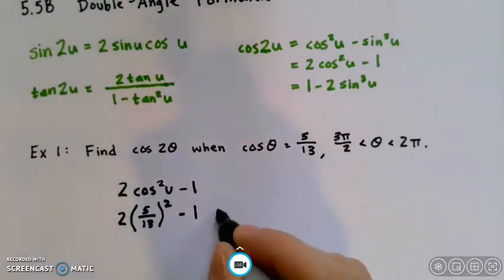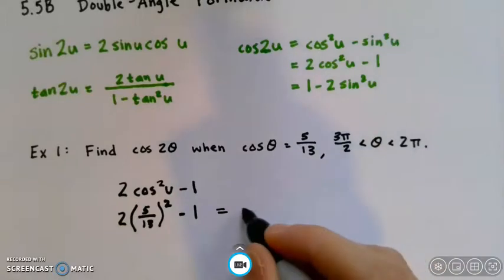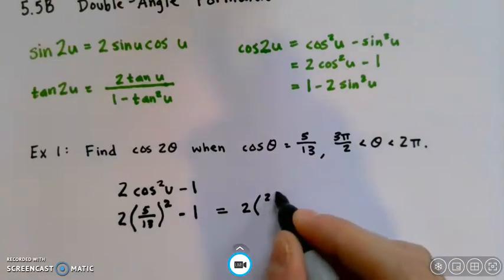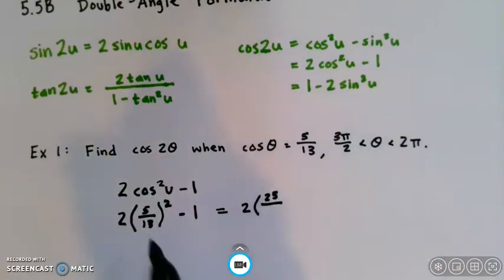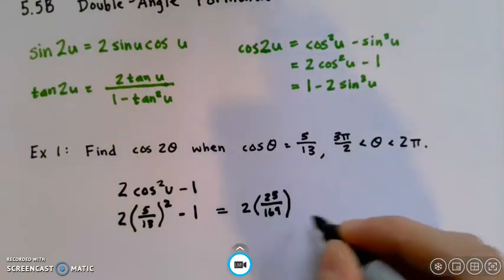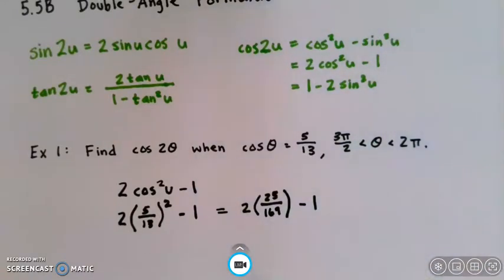So let's go ahead and keep simplifying. I'm going to have 2 times, and 5 squared is 25, and 13 squared is 169, and then I have minus 1.